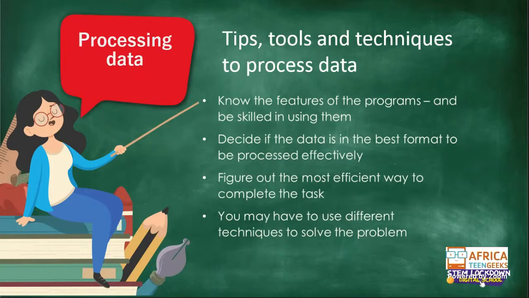Okay, so some other tips that you need to understand: decide if the data is in the best format to be processed effectively. So this is specifically for Excel. When you are transferring data that's in Excel into Access, make sure that it's in the best format to be processed effectively. And we said that really in the column headings for Excel.